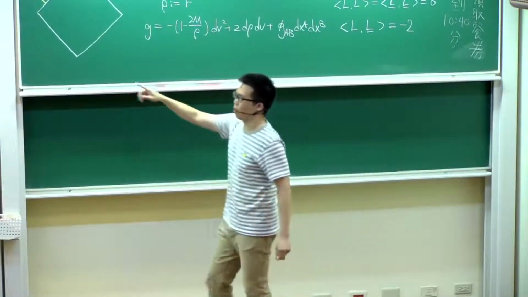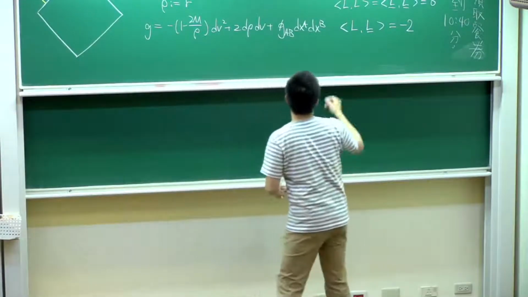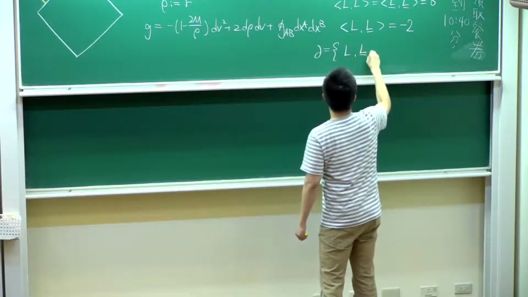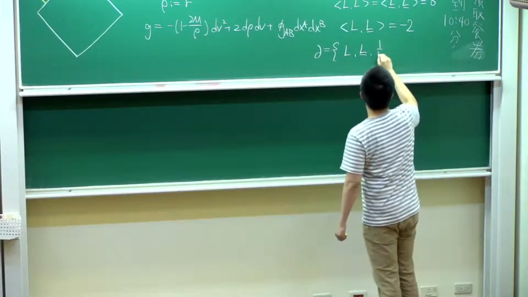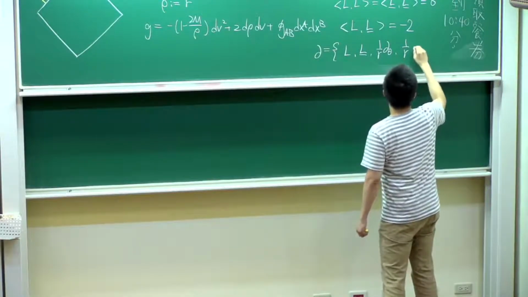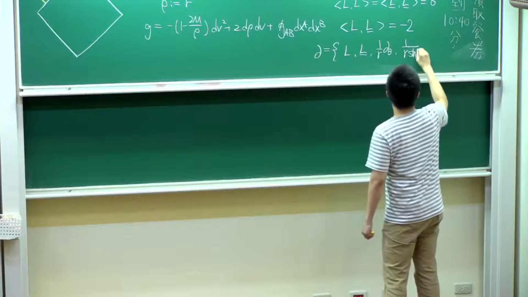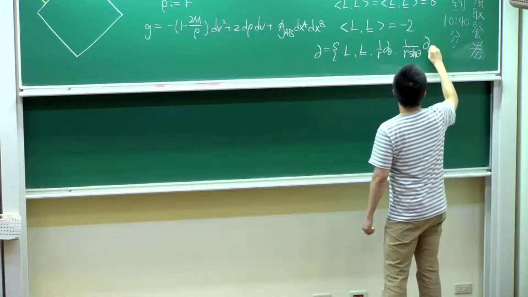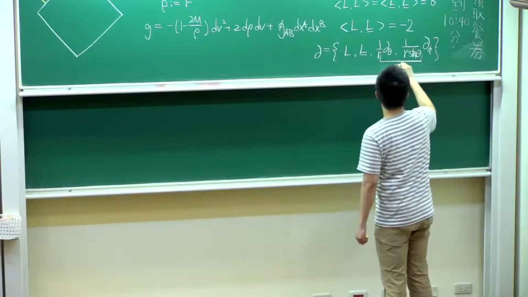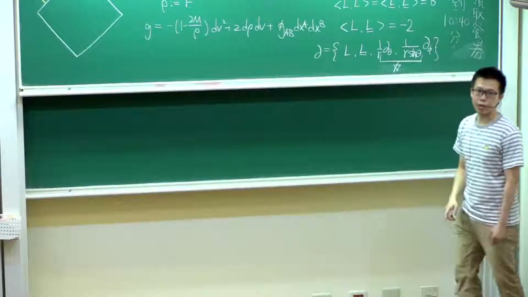And let me define my regular vector fields D to be L, L lower bar, 1 over r d/d theta, and 1 over r sine theta d/d phi. And I will also denote this angular part by gradient slash.